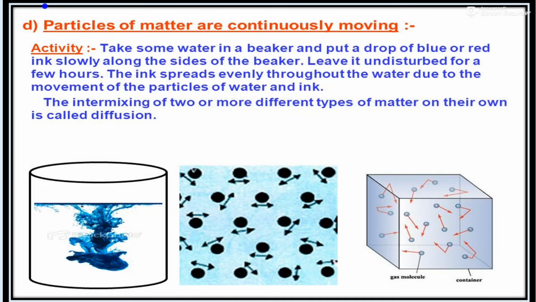The intermixing of two or more different types of matter on their own is called diffusion. So here the ink particles diffused in between the water particles. So, particles of matter are continuously moving.